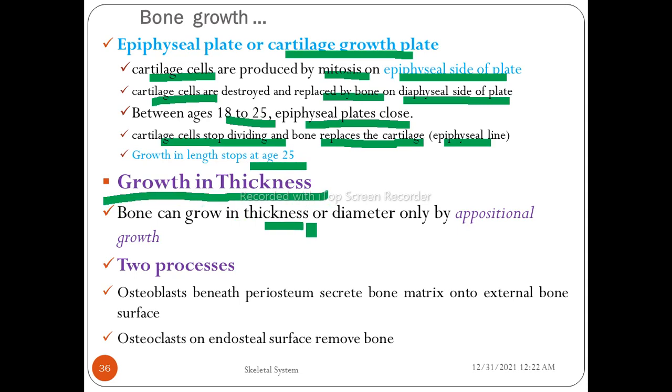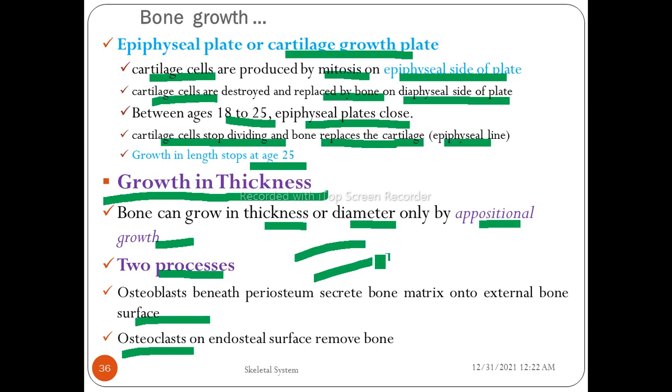Bone can grow in thickness or diameter only by appositional growth. This involves two processes. Osteoblasts beneath the periosteum secrete bone matrix onto the external bone surface, whereas osteoclasts on the endosteal surface remove the bone. So this is bone. Osteoclasts on this endosteal surface, the inner surface, remove the bone, whereas osteoblasts on the outer surface increase the deposition.